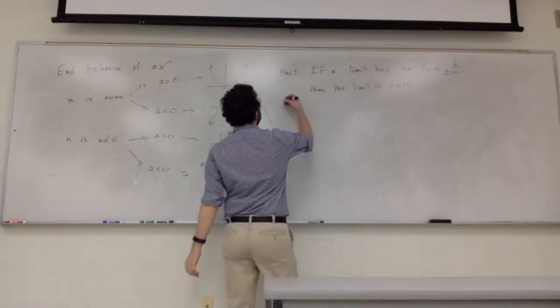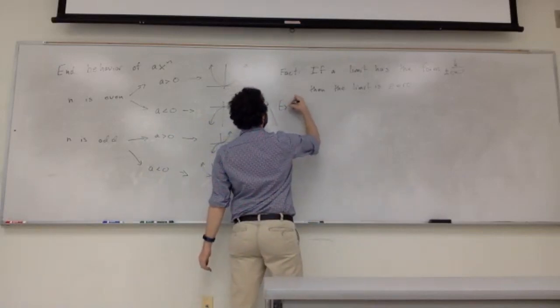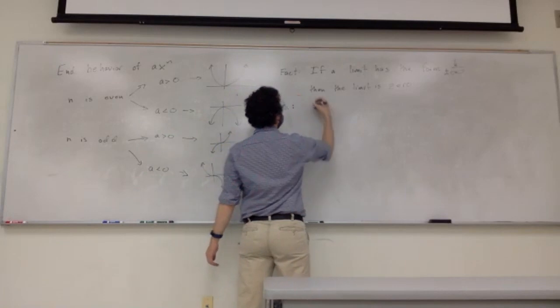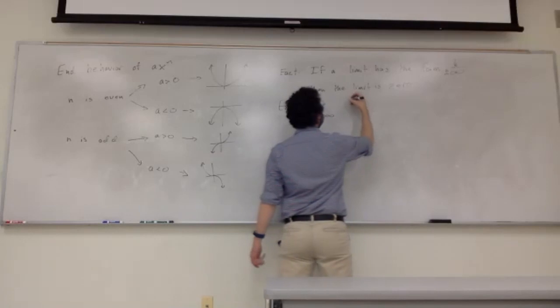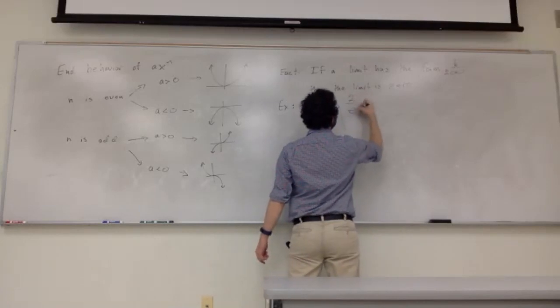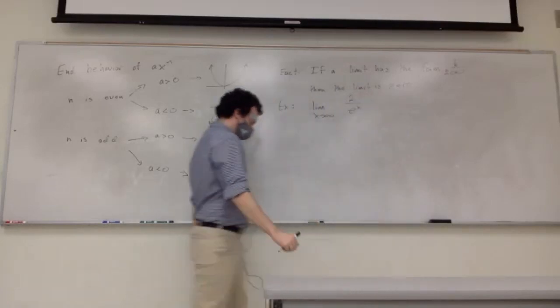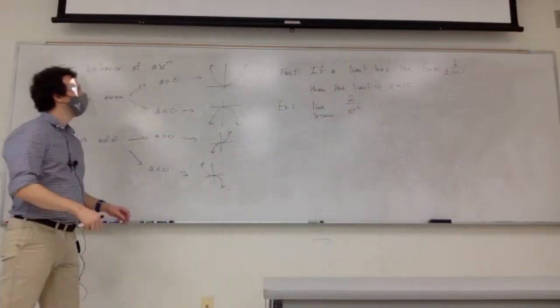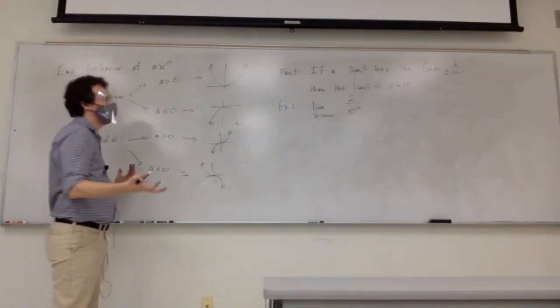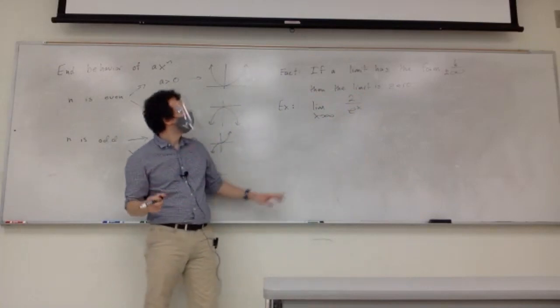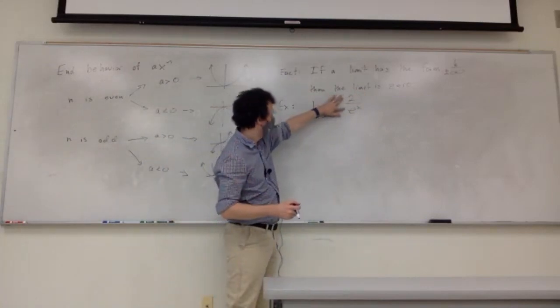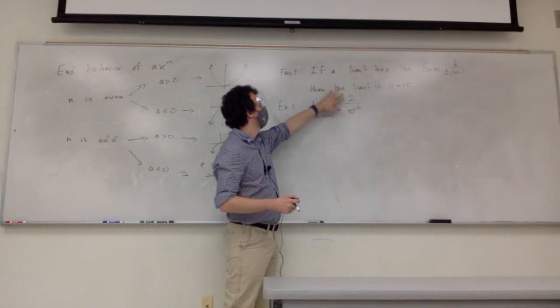So for instance, we'll see a couple examples. If we take the limit as x goes to infinity of 2 over e to the x, a lot of these limits, the work involved will be really looking at the pieces separately and seeing what those limits are.